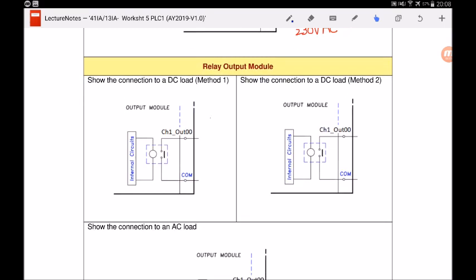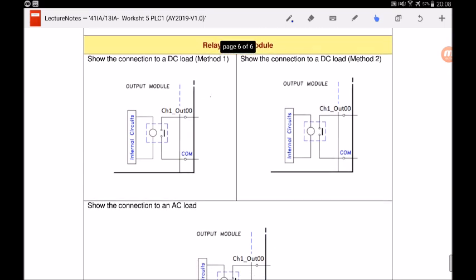A relay output module can support AC and DC. So they ask us to connect a DC load first. Why is there a method 1 and method 2? Because you can see the relay has no polarity at the contact area, right? So I can either draw it this way, whereby the current is flowing into the COM terminal.